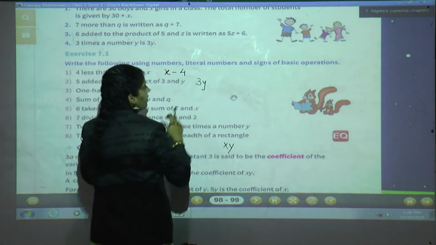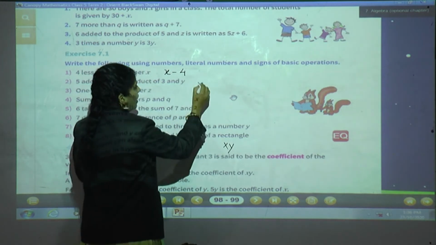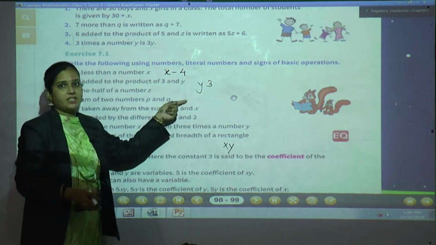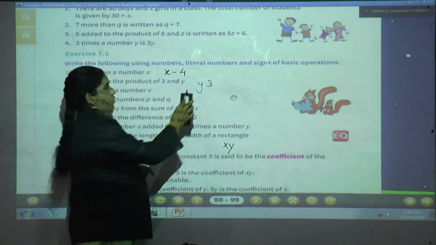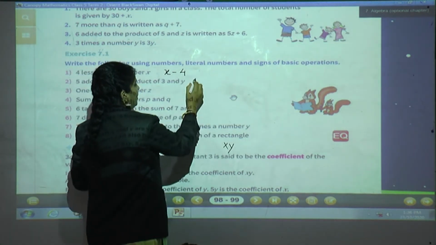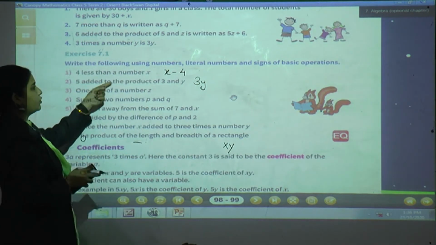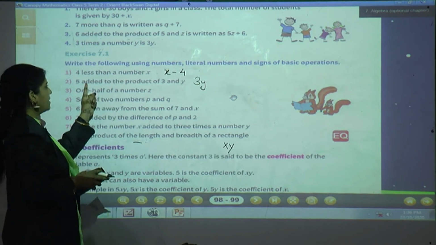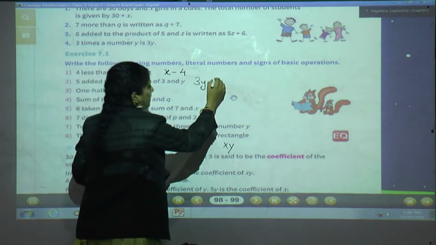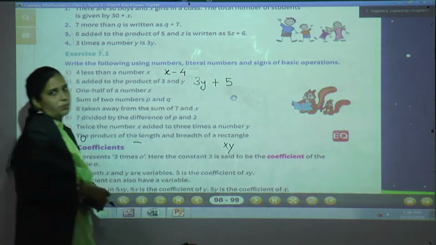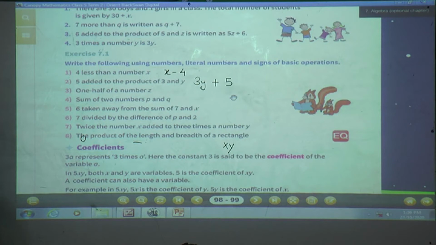Can I write y3 instead of 3y? Is it correct, students? No. First the number and then write the letter. So 5 added to the product of 3 and y means 3y plus 5.